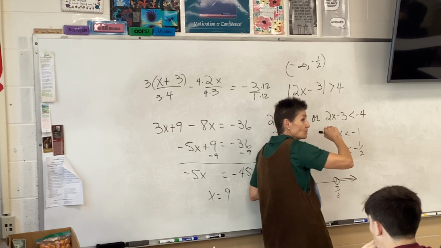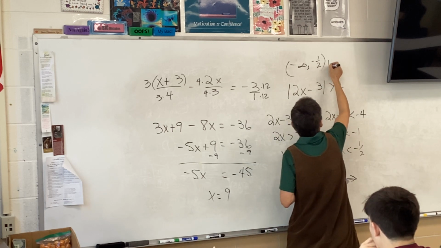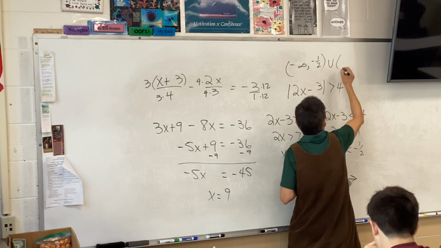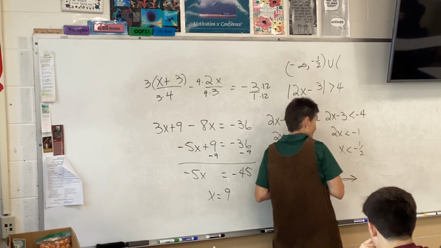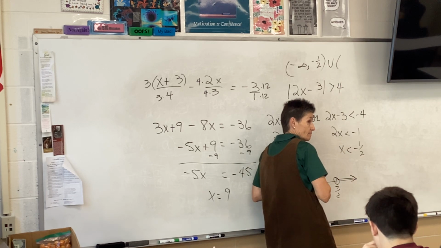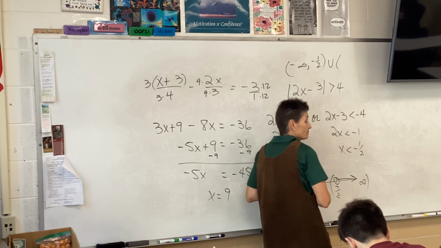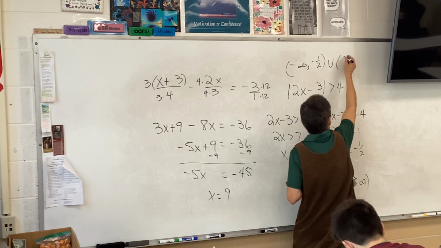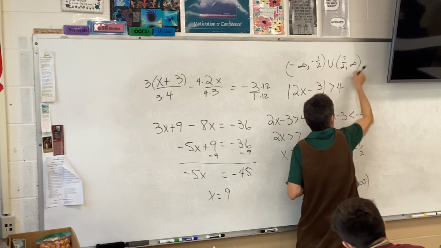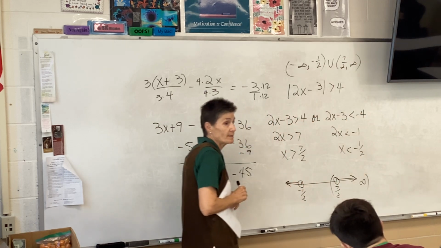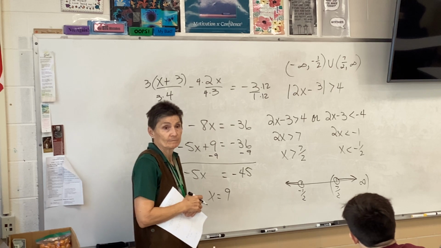Yeah, you are right on target. Keep going. And then infinity, or is it infinity? Remember, they're in the order they are on the number line. So it's going to be 7/2 first, then to infinity. We put a U in between them and that's your answer.